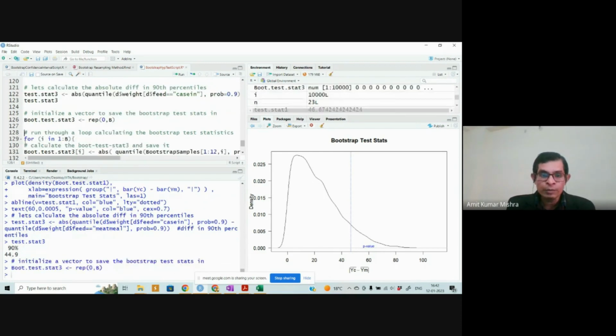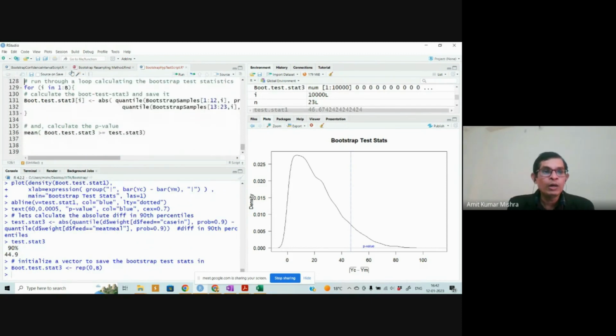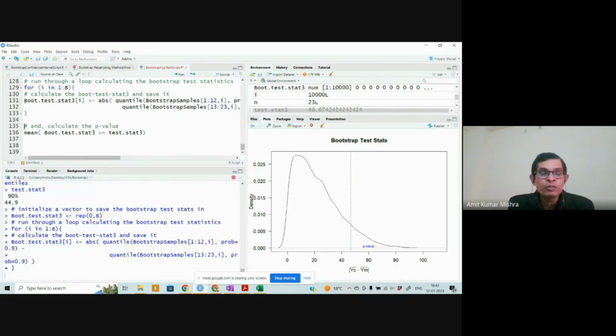So for bootstrapping, we are fixing our vector. Now I am going to run the same code. Instead of mean, I am just writing this. So see, what is the command? What is the function? Bootstrap 3i. That means in the ith column, I am finding the absolute difference of the quantiles.